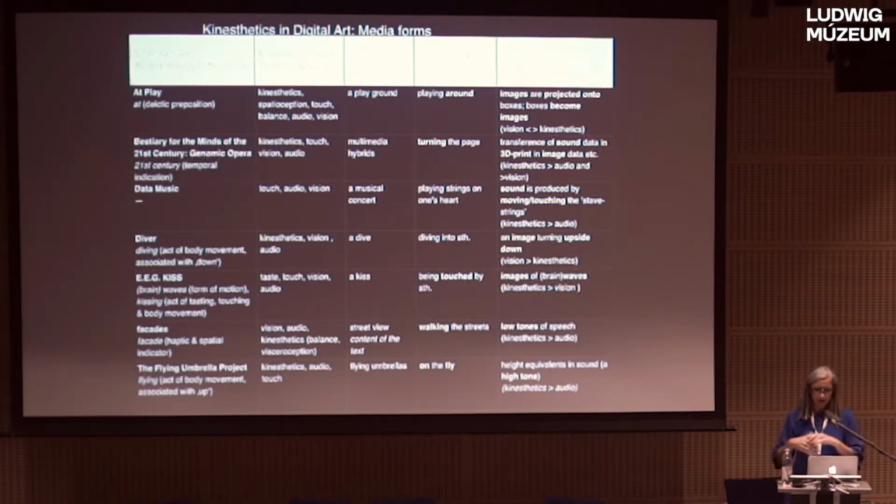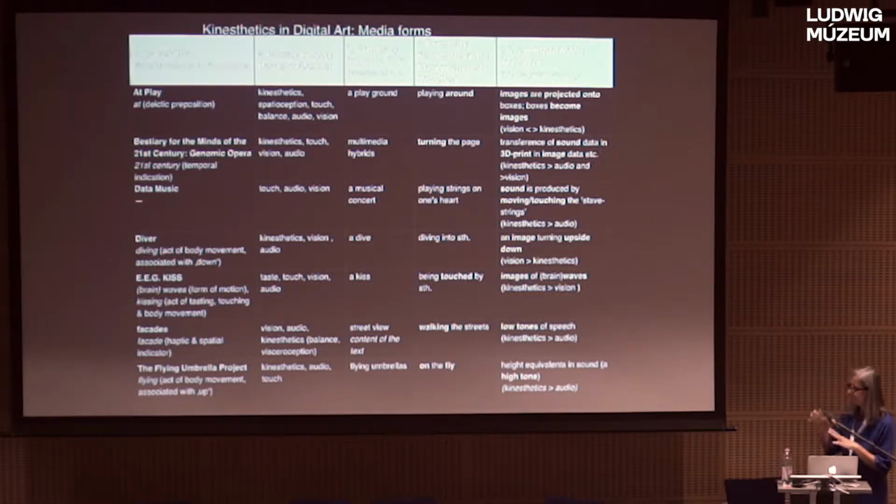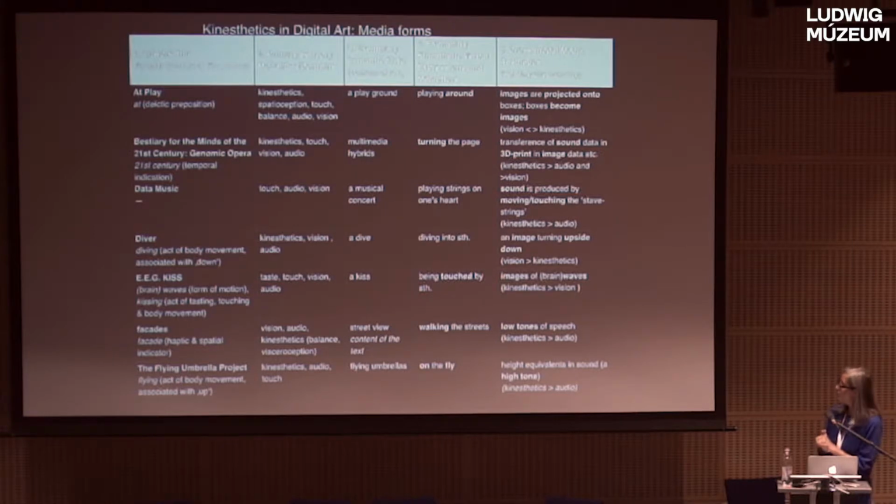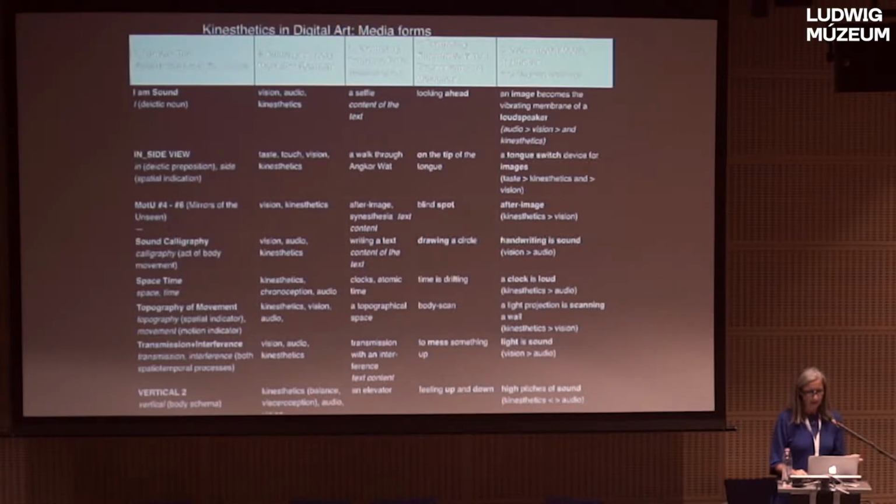I was researching the 16 artworks or 15 artworks in terms of these correlations, in terms of media aesthetics, in terms of metaphors which the artists used, and so on. This can all be read in our publications. I'm not going into detail here now, just to give you an idea what was going on on the one side of the project.